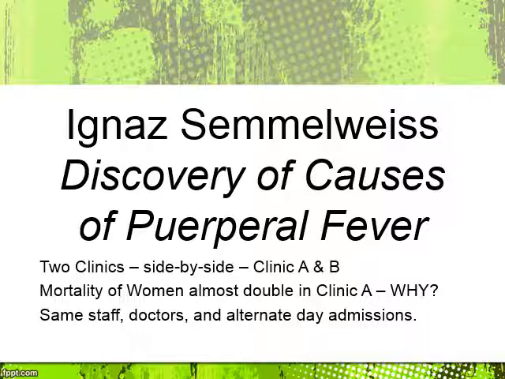When Ignaz got there, he saw that the rate of mortality in Clinic A was almost double that of Clinic B. So the question is why, especially because Clinics A and B were next to each other in the same and nearby buildings, and they were manned by the same staff, the same doctors, the same procedures were used. So there was no reason for this apparent difference. So the question is to discover the cause for this difference in double mortality in one of the clinics and only half in the other.